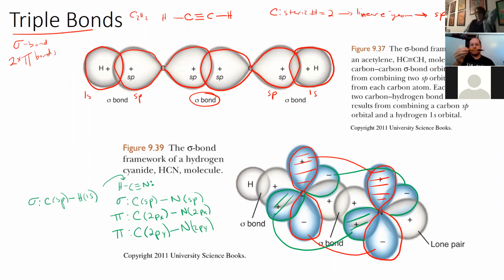My sigma bond is in the middle, and that's overlap between those sp2 orbitals. And my pi bond has orbital overlap this way, above and below. That orbital overlap above and below means that you can't rotate the bond. It locks those atoms in place, okay?